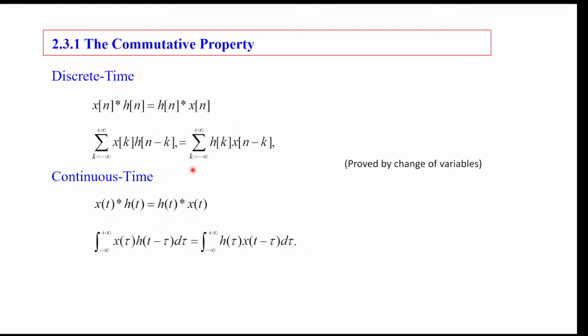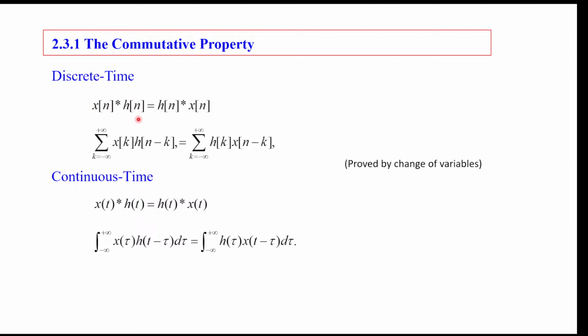You can do a change of variable to swap between h of n minus k and h of k, and you see that you will get the same summation, and here you will get the same integration. So the commutative property is very nice, and it's also funny. It feels like the roles of signal and system are kind of interchangeable here.